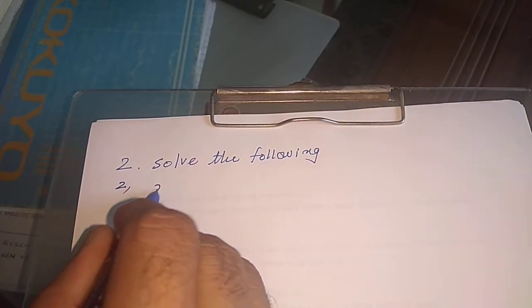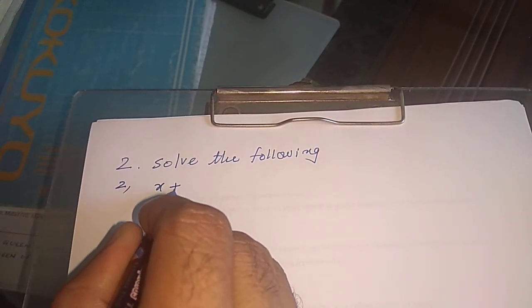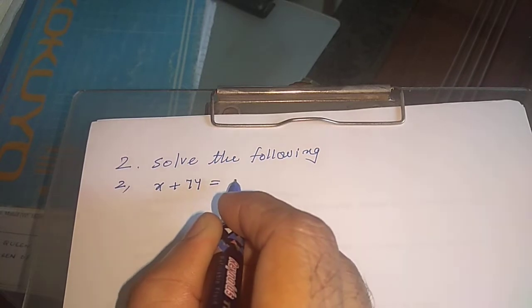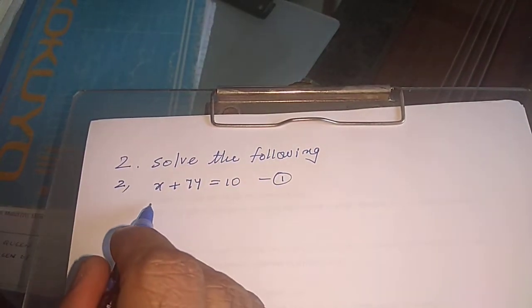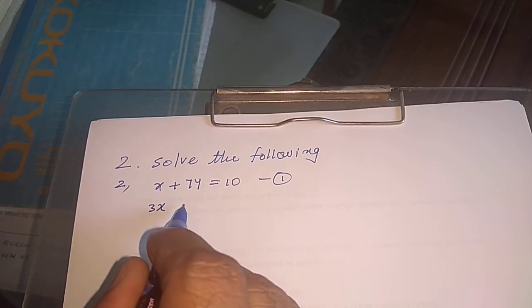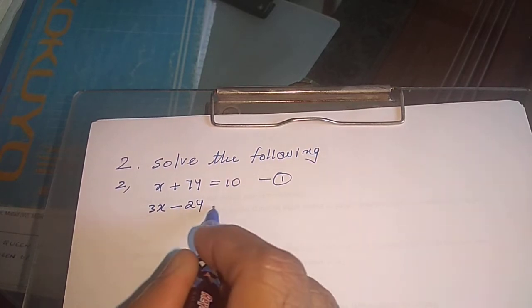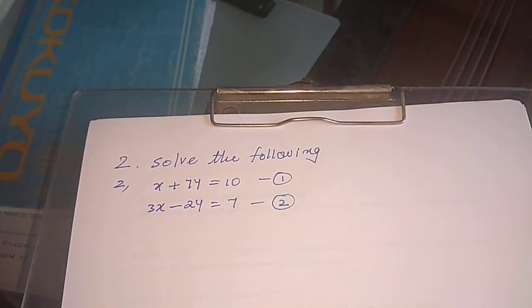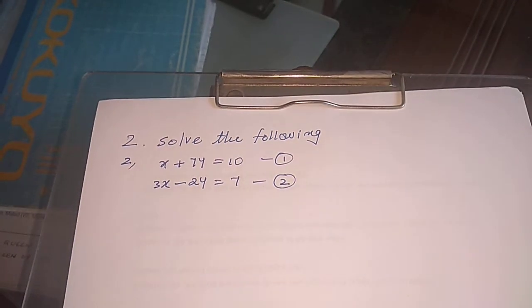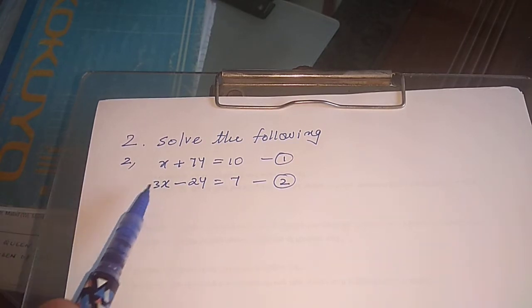Question number 2. First equation, x plus 7y equal to 10. Second equation, 3x minus 2y equal to 7. Here we go for solving these simultaneous equations by elimination.